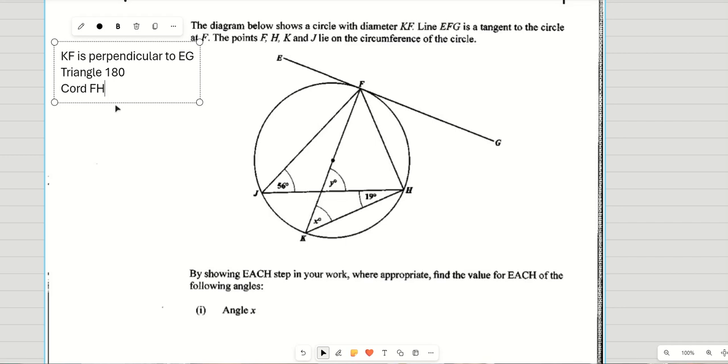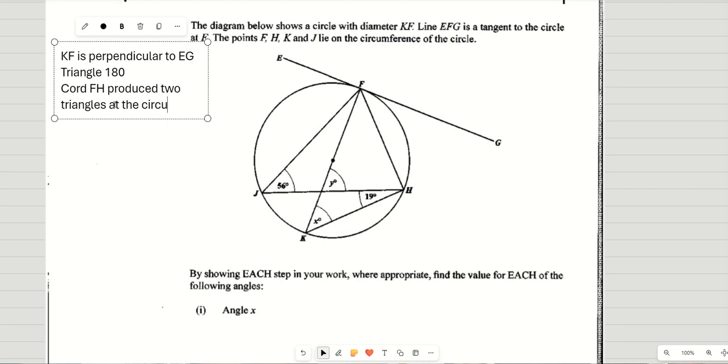So chord FH produces two triangles at the circumference.